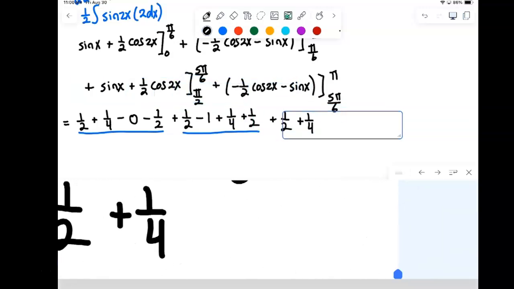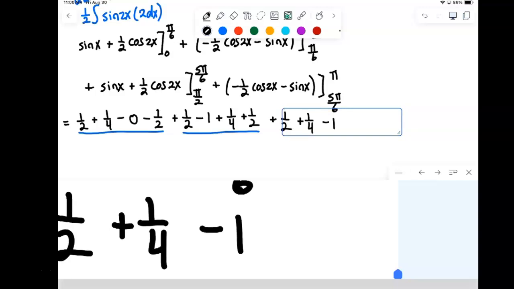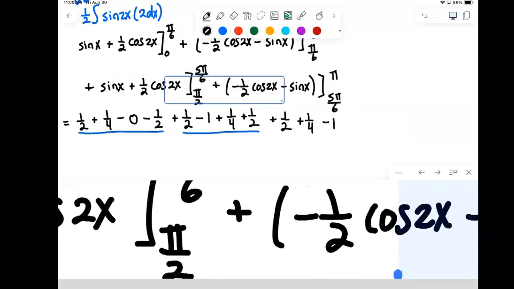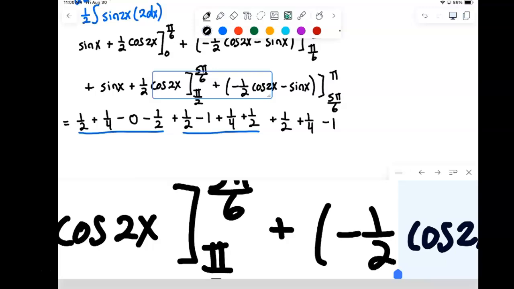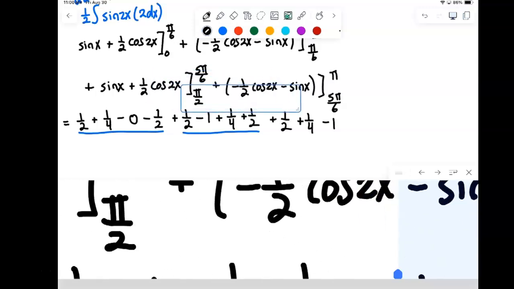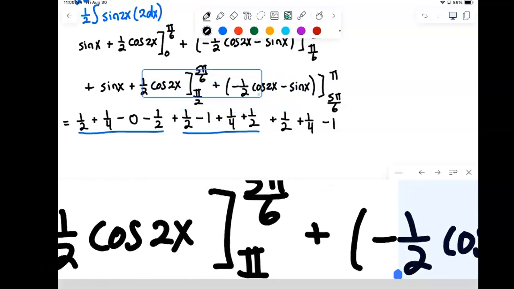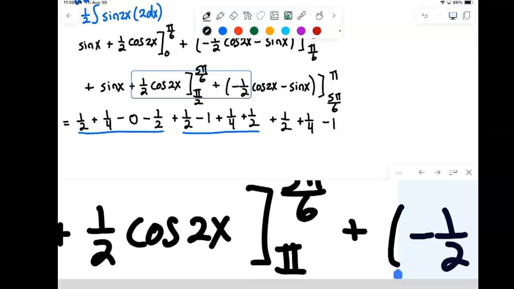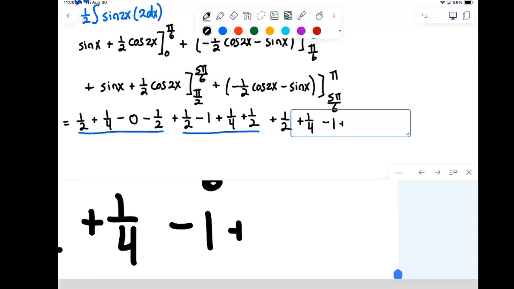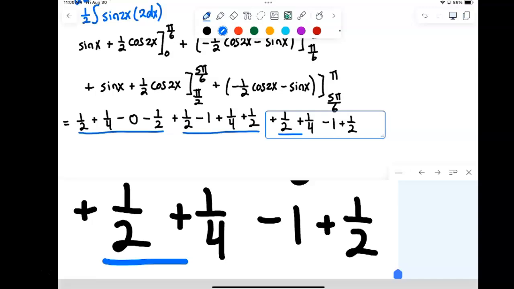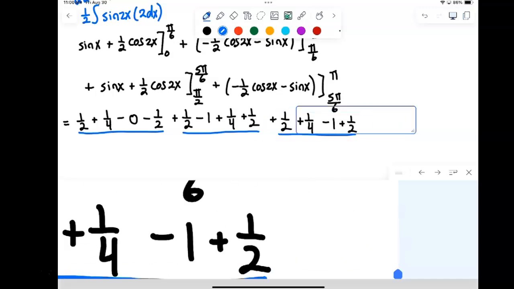Sine of pi over 2 is 1, so that's going to be minus 1. Twice pi over 2 would be pi again, the cosine of which will be negative 1. To make that negative 1/2, but it's being subtracted, so it becomes plus 1/2. And I'm going to underline those 4 as well.